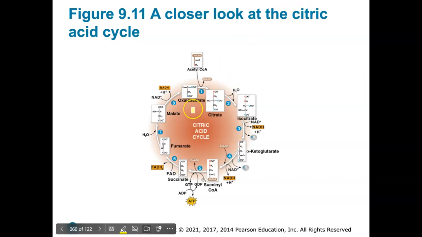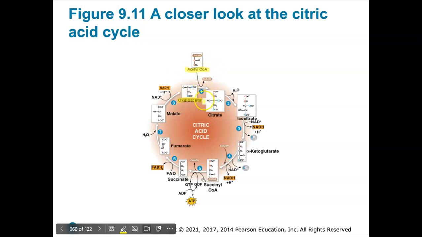Here is the citric acid cycle illustrated as a series of chemical reactions. Basically, it starts here. Acetyl-CoA enters the citric acid cycle by binding with a 4-carbon molecule called oxaloacetate. This would be step 1 of the citric acid cycle.